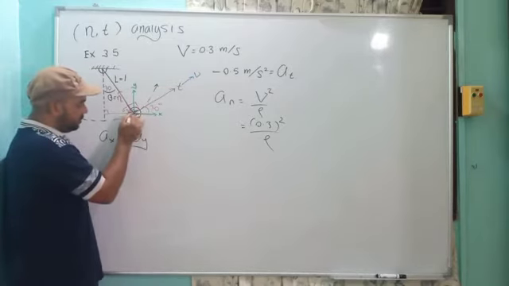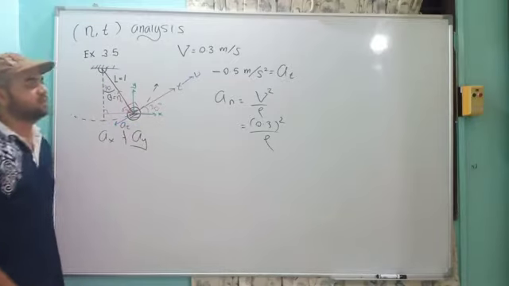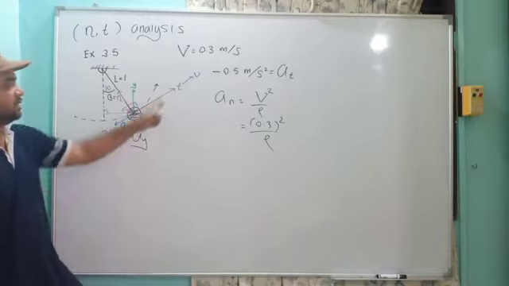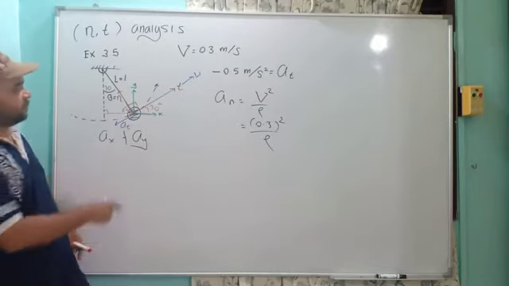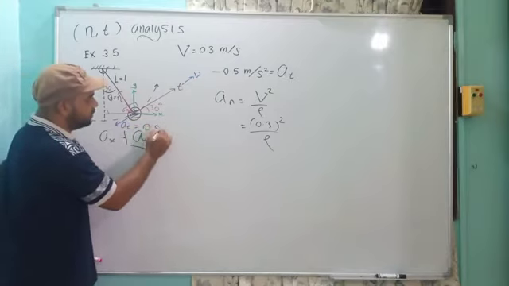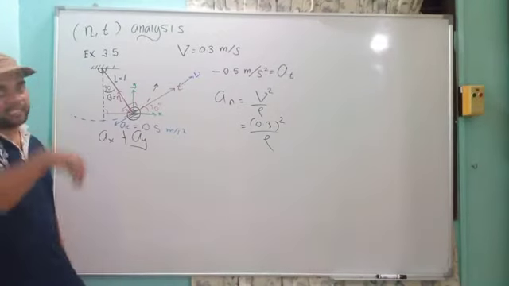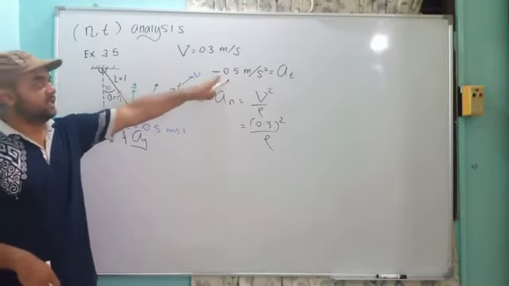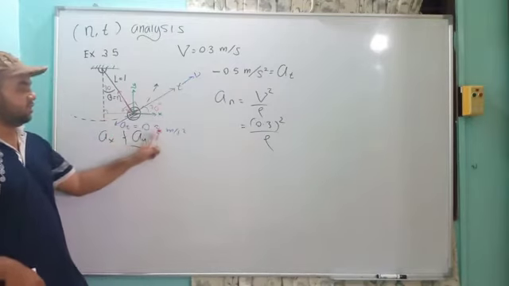So this is your A tangent, opposite direction from positive tangent, 0.5. So if I'm putting this direction opposite here, I must write it as 0.5 meter over second squared. No longer negative, because negative is for direction. We have already put the direction, so it is positive 0.5.